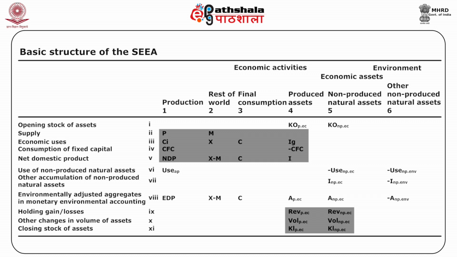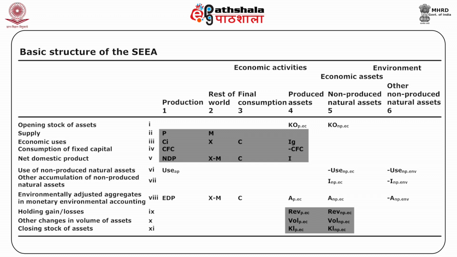Now the entries in column 4 are the consumption of fixed capital, which appears as a negative item, and when this is deducted from the gross investment IG, we obtain net investment I. Row 5 gives the national accounts identity, which is NDP equal to export minus import plus consumption plus investment.